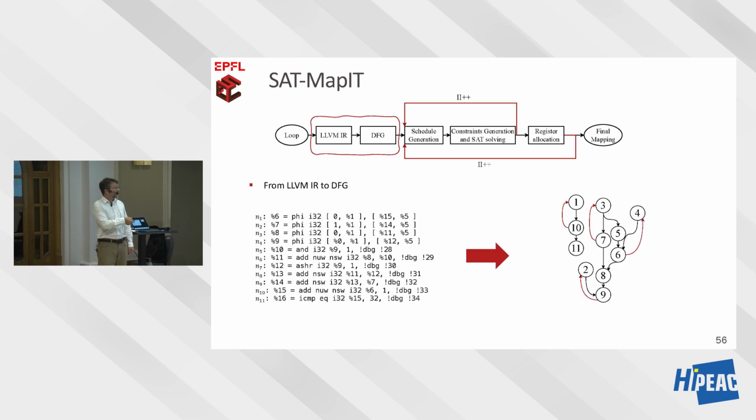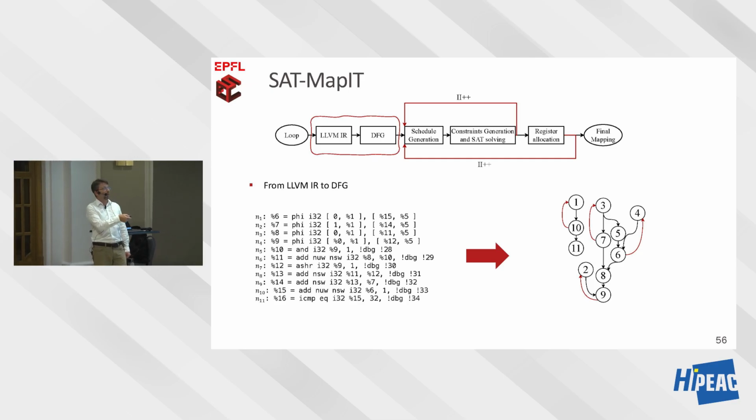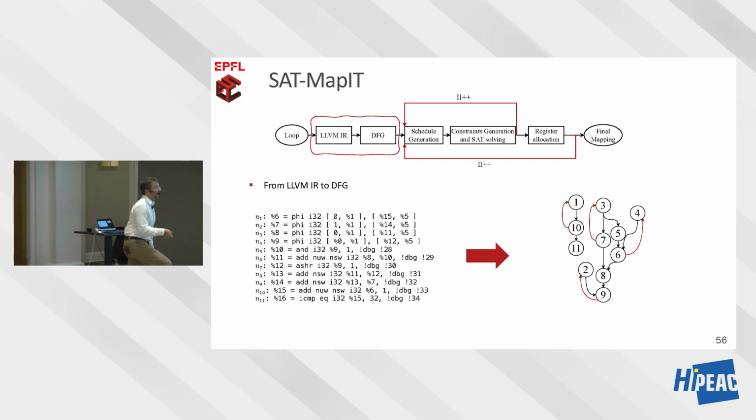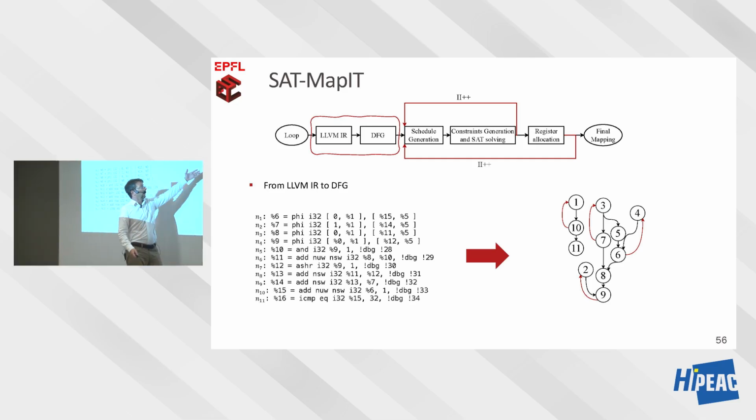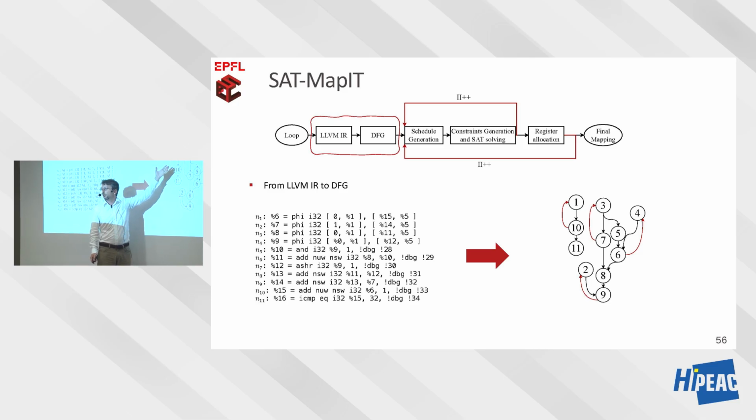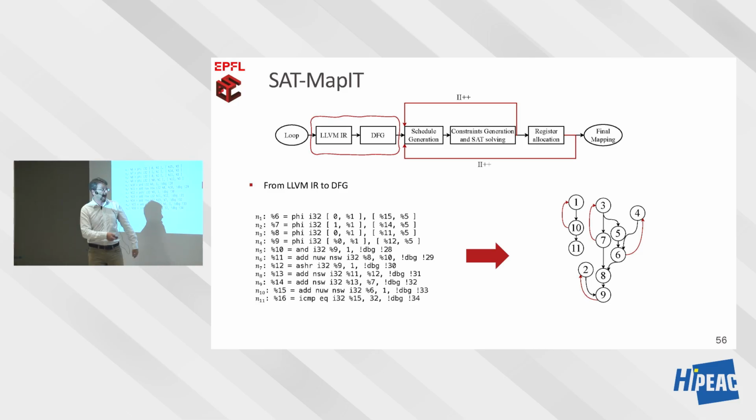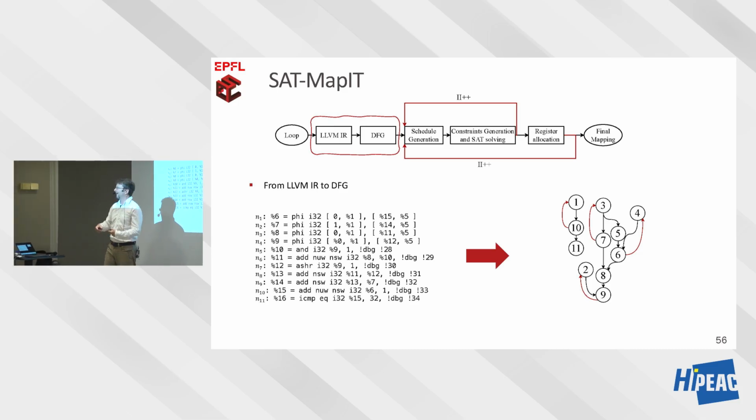Then this representation can be translated into a graph in which we have operations and dependencies among operations, and the black arrows are from the same iteration, the red arrows are from one iteration to the next one. And this is why these arrows can go upward, because they are across iterations.